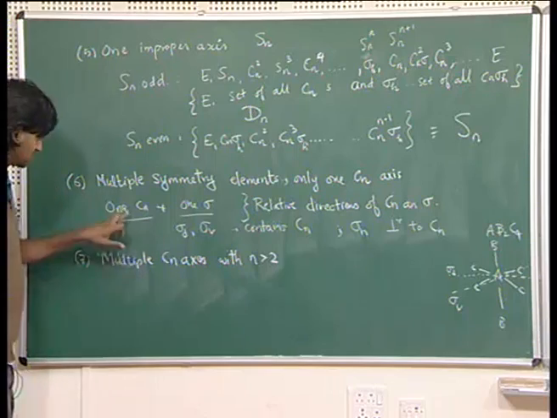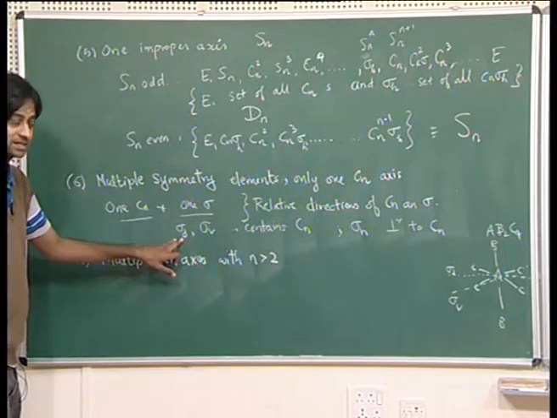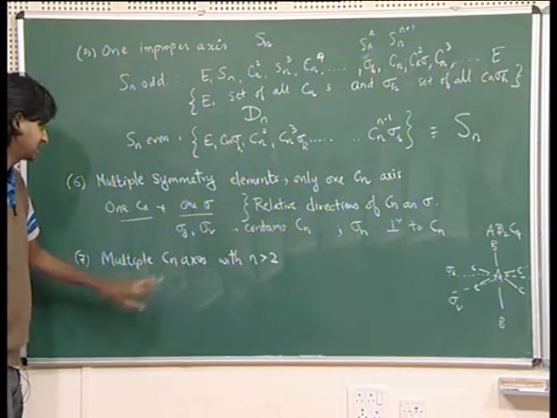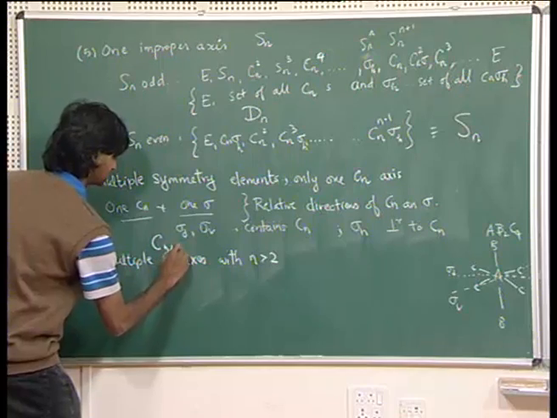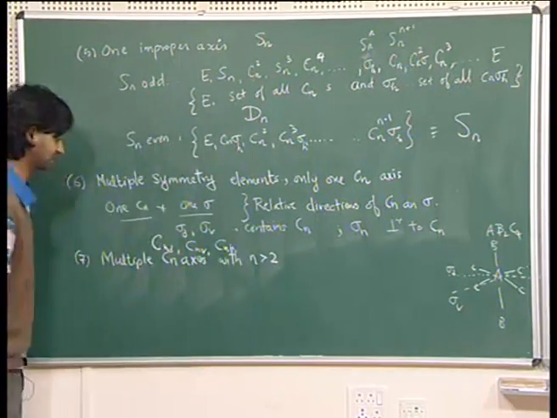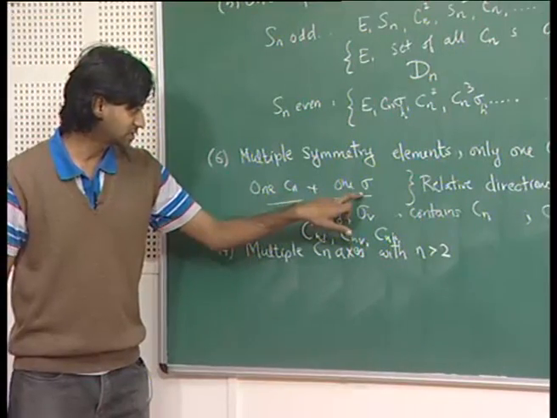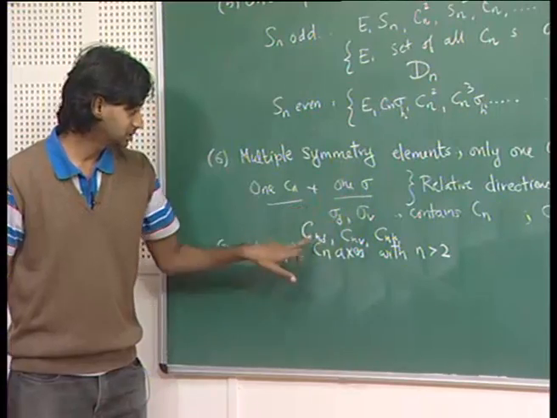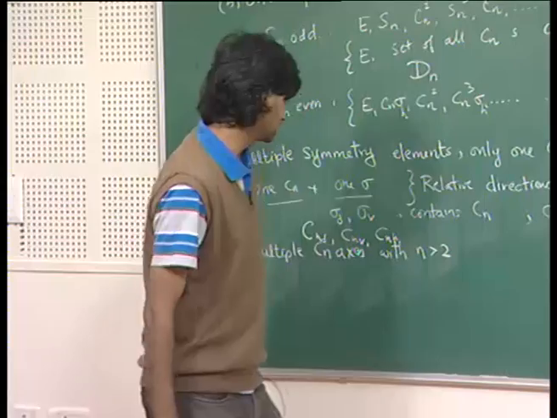Now, if a group contains C_n and sigma_d, then the group is referred to as C_nd. So the group name is C_nd, C_nv, and C_nh, depending on what it contains. If it contains one C_n and one sigma, that depends on the relative direction of sigma.